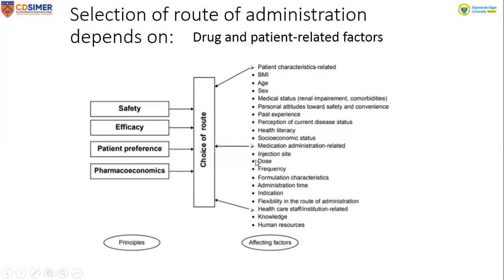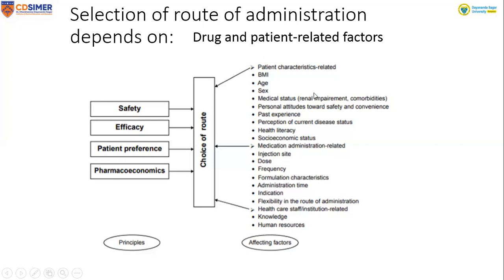Then how much dose is required, frequency of administration. See, oral route is very convenient for long, repeated administration, but if you have to give injections repeatedly, then one needs to think of it. Then formulation characteristics, administration time, indication, flexibility in the route of administration, healthcare staff, institution related knowledge, and human resource availability.